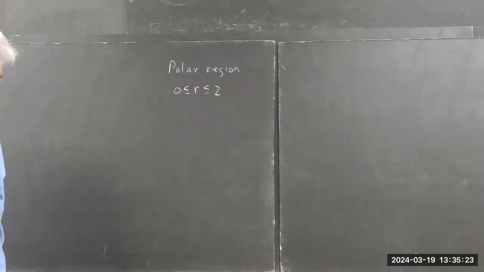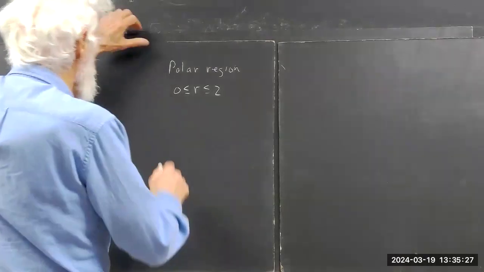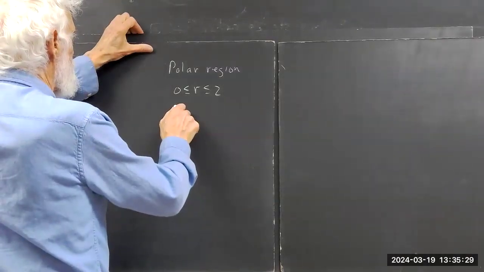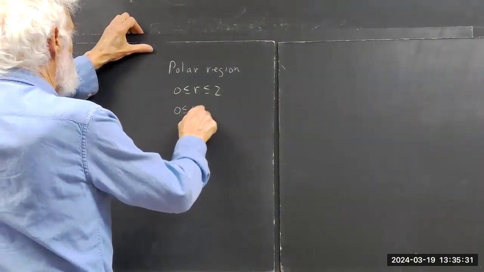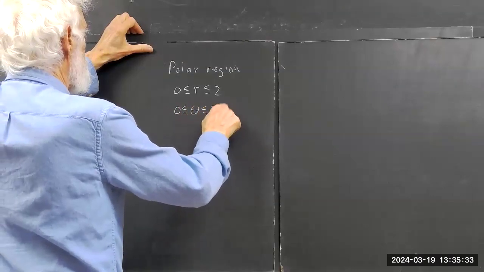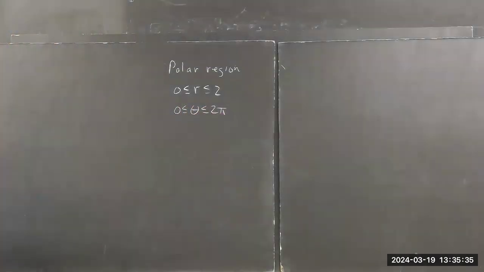And 0 less than or equal to theta less than or equal to 2 pi. Now, what is that? What is that region in the plane? Okay.